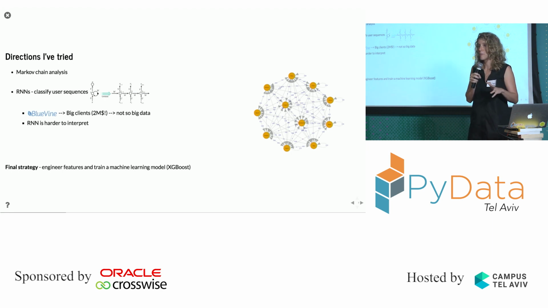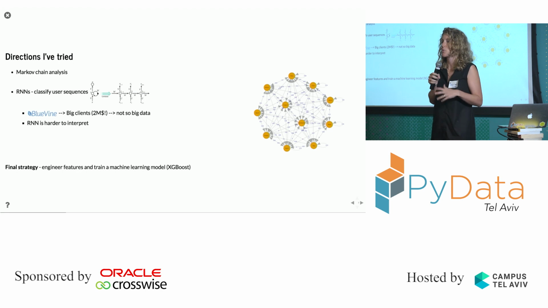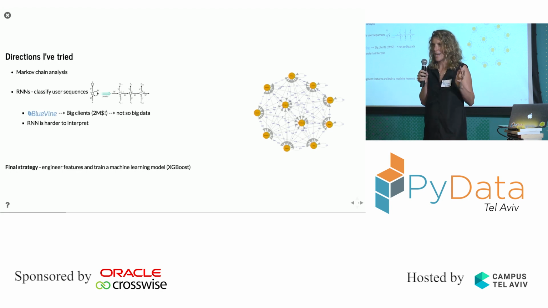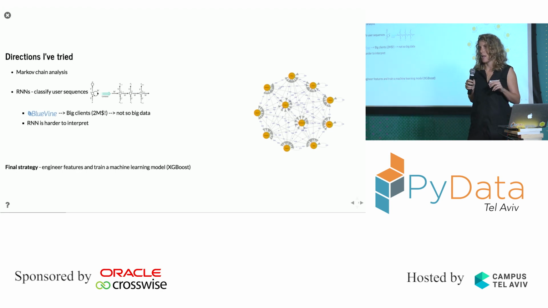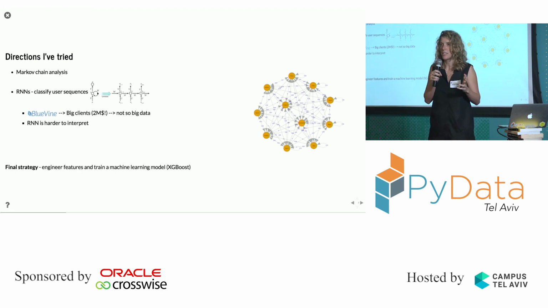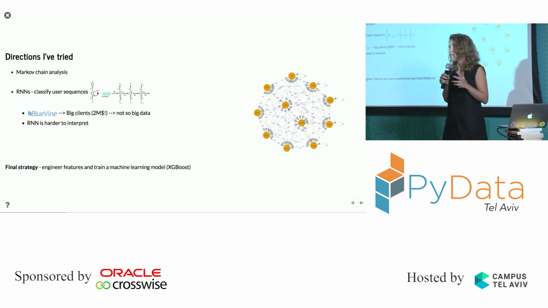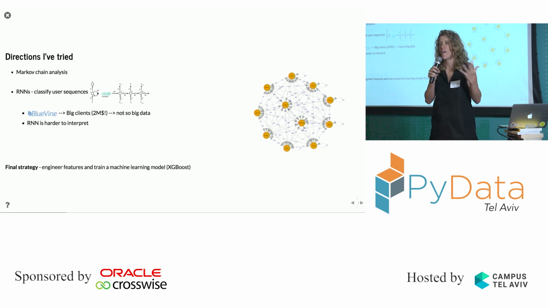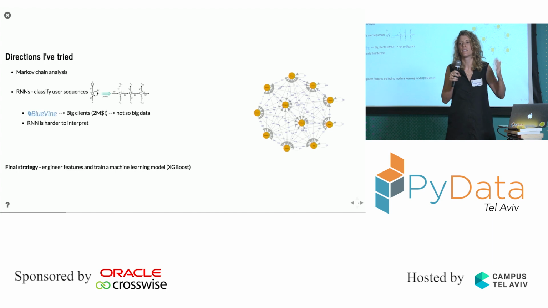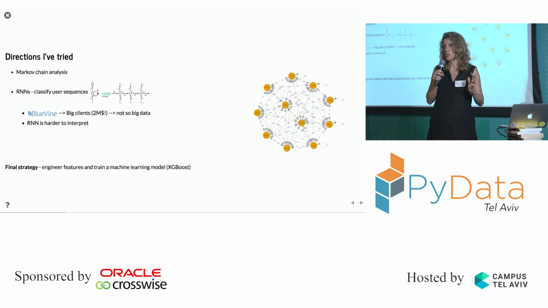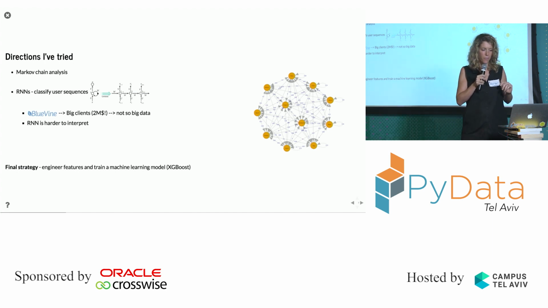But the problem with the deep learning is that it requires usually big data, a lot of data. And Bluevine, what's so nice about it, we have really nice businesses which are our clients, and some of them even have credit lines of up to $2 million, but we don't have very big data because of that. We have a bit smaller scale than what's usually used for deep learning.